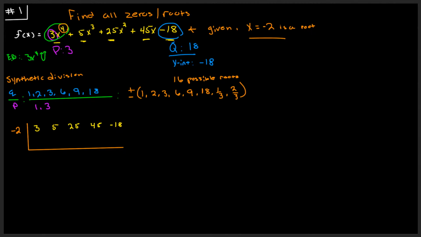And something I want to point out right here is that when you look at a long function like this, in case this 45x is not here, and you go straight from x to the power of 2 to x to the power of 0, which is the -18 constant term, if you go from 2 to 0, you need to recognize there's something wrong.